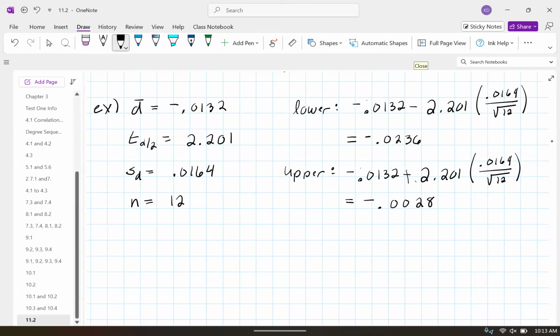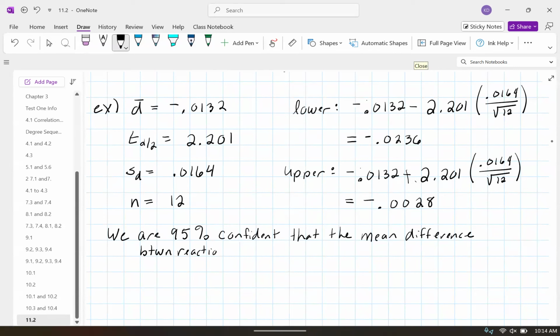So we can say we are 95% confident that the mean difference between reaction times is between negative 0.0236 seconds and negative 0.0028 seconds.